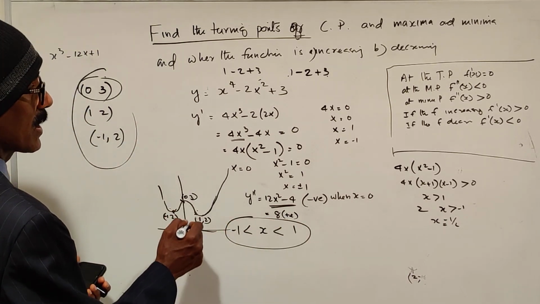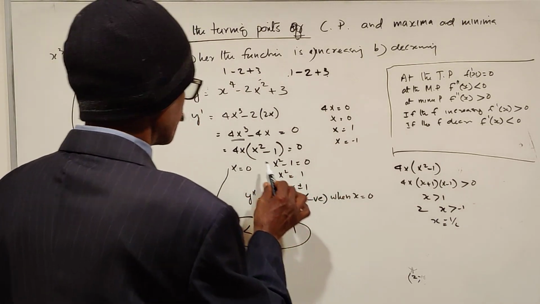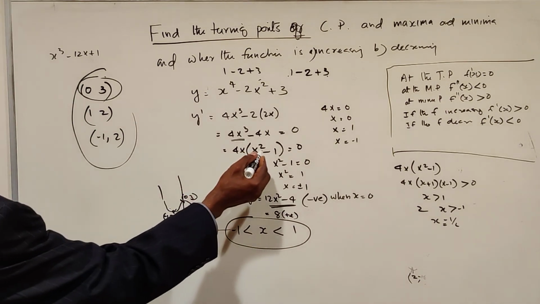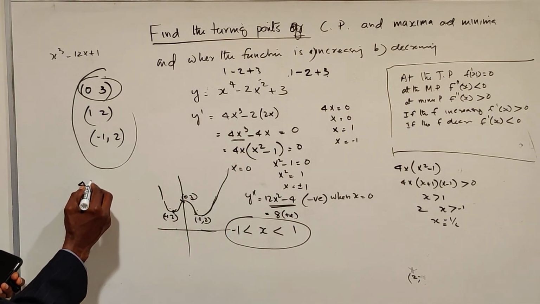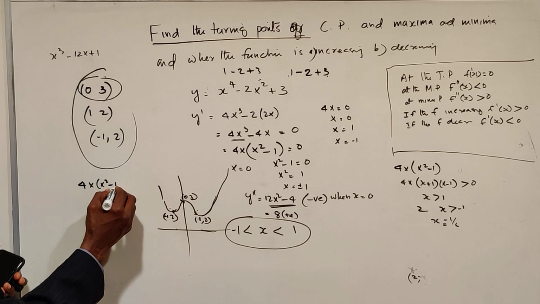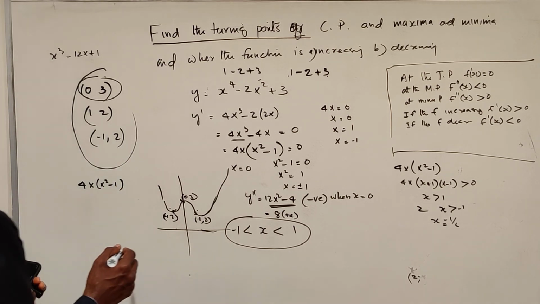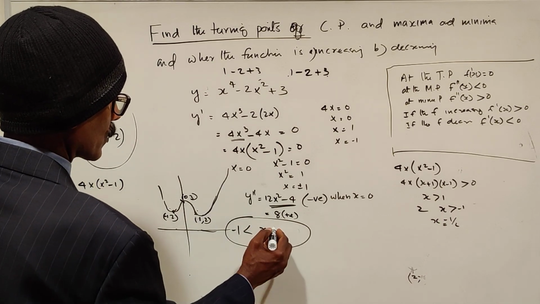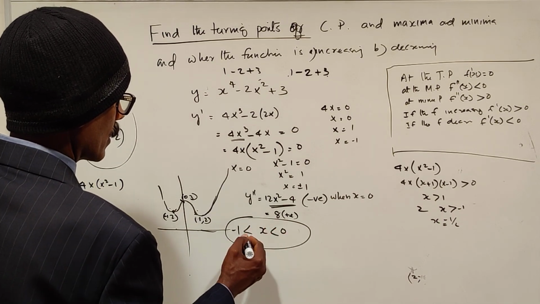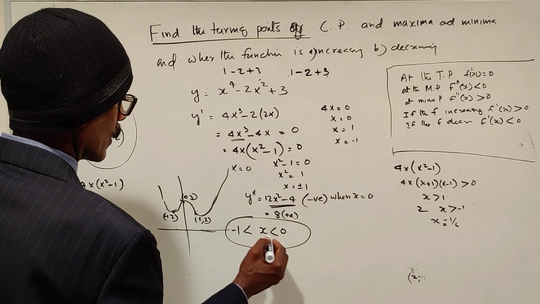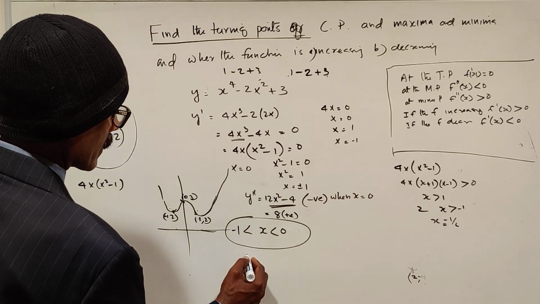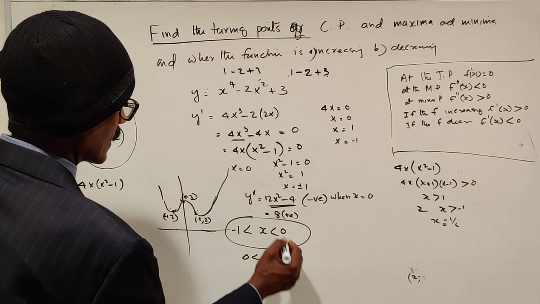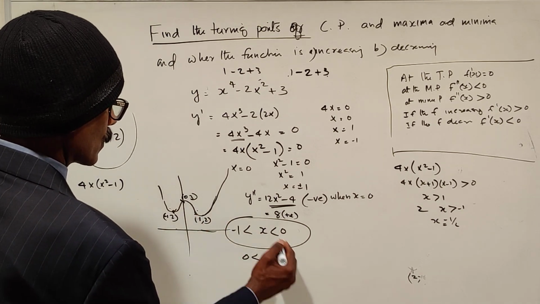So x lies in between 1 and minus 1. The function is decreasing. See, dy by dx is 4x into x square minus 1. If it's 0, it is not correct. So less than 0, and x between minus 1 and 1.